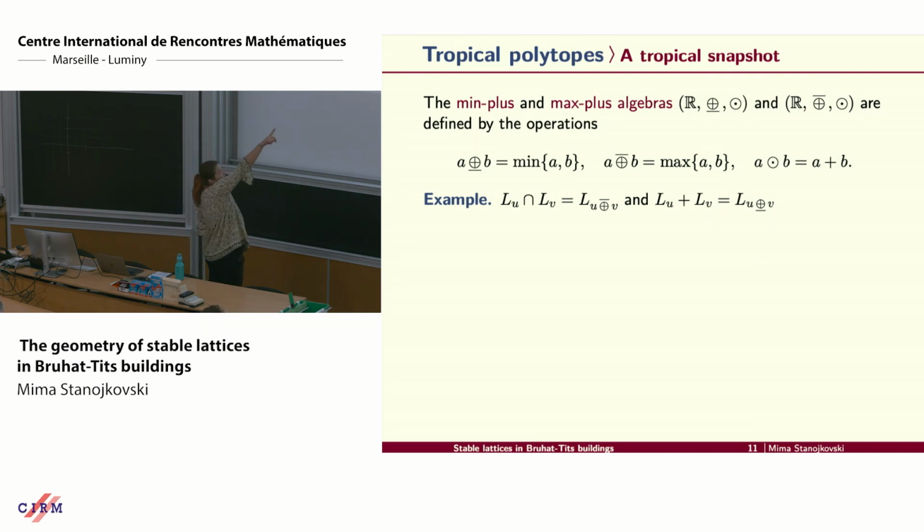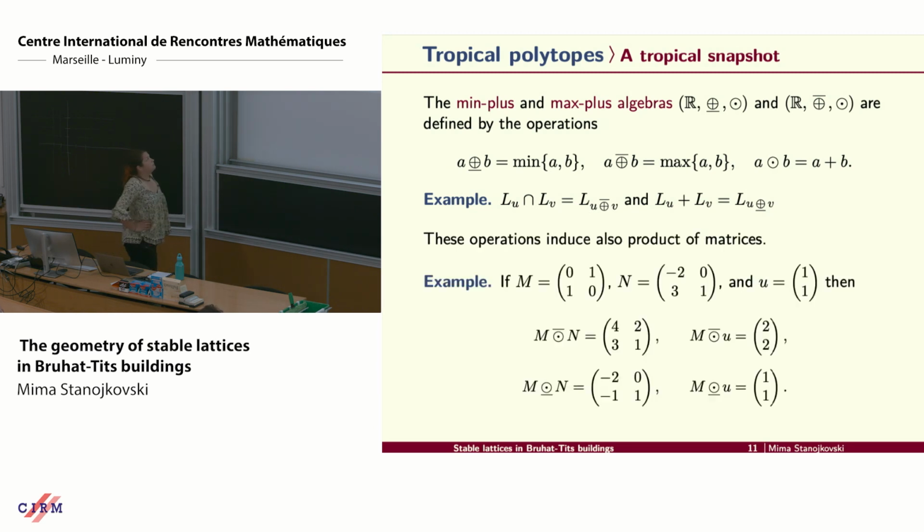And multiplication is given by sum. And the reason why we need both min and max plus, you see it there, right? I told you if we have stable lattices, we can add them and intersect them, and we still get stable ones. And those are given, if we have diagonal lattices, precisely by taking, in the case of the intersection, the max plus, and in case of addition, the min plus.